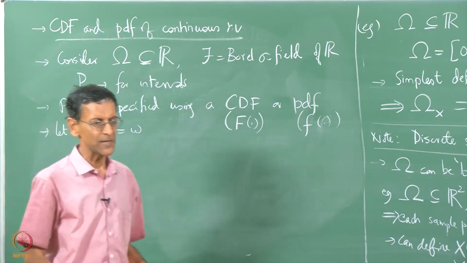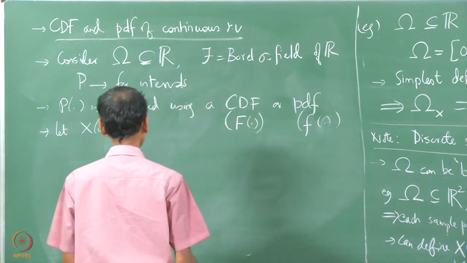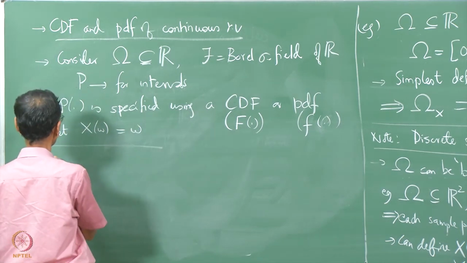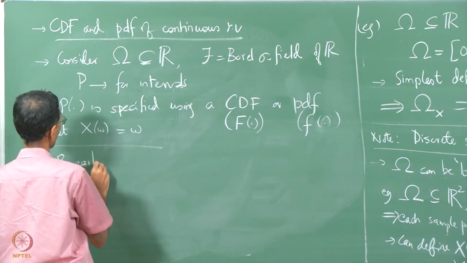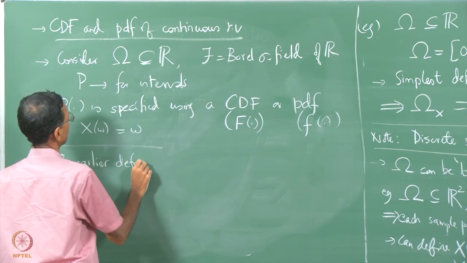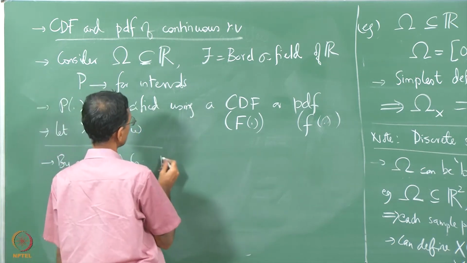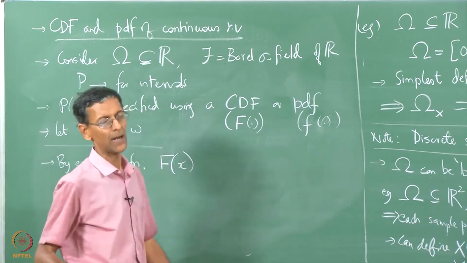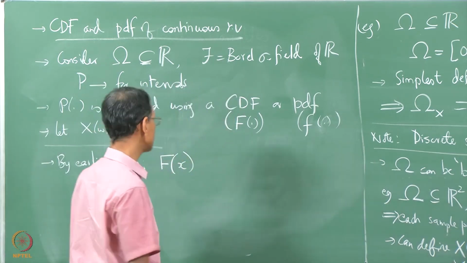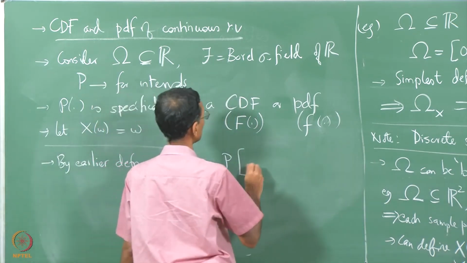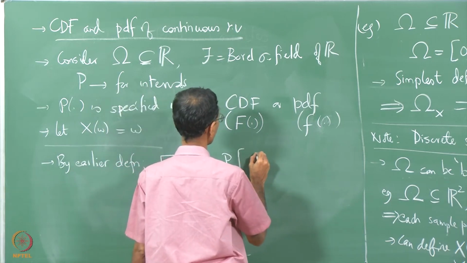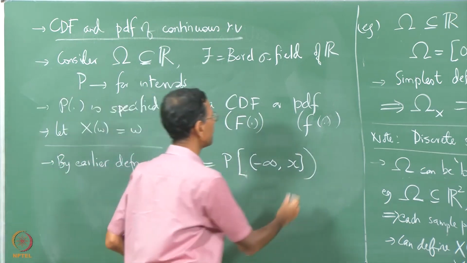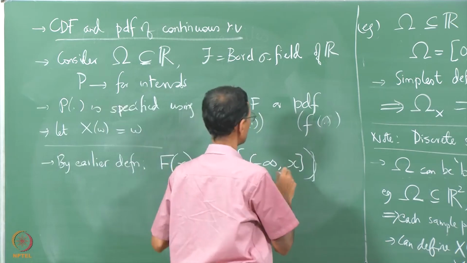So basically, as we pointed out earlier, by the earlier definition, the value of the CDF for any real argument is basically the probability of the interval from minus infinity going up to and including the value of the number that we pick.